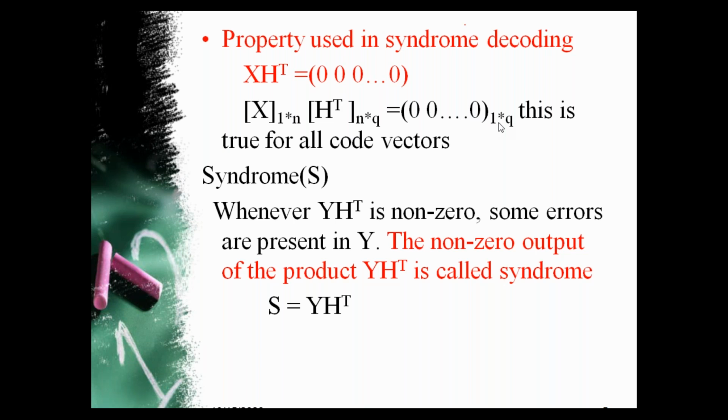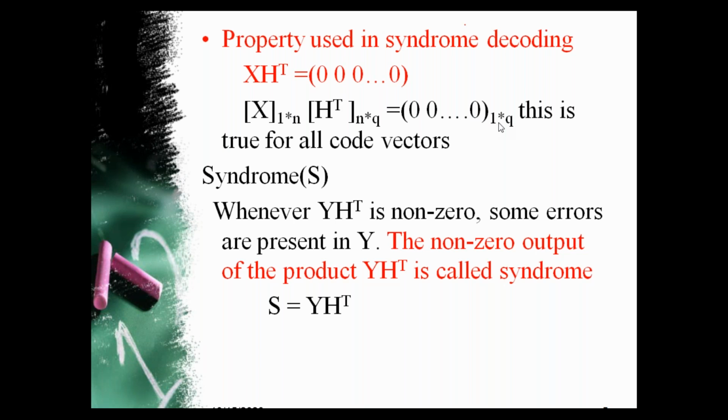Can anyone say how this property can be used for decoding? X into H transpose is equal to a 0 vector. Here X is the transmitted vector, therefore X is a valid code word, and multiplying any valid code word with the H transpose matrix gives a 0 vector.